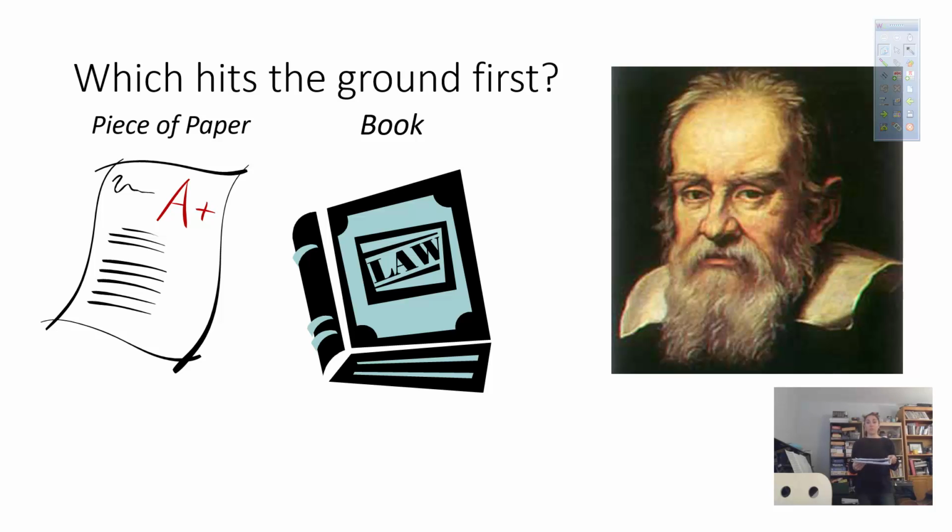The heavy object falls faster, so the book would go first, then the paper. Does the paper and the book go together? Does the paper lift up first, then go down? Or does the paper go underneath the book and fall, and then the book falls afterwards? A couple of choices. Once again, I will quiz you on this, so select your value now, and then I'll do the demonstration.